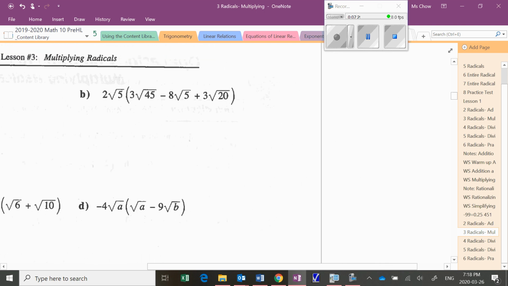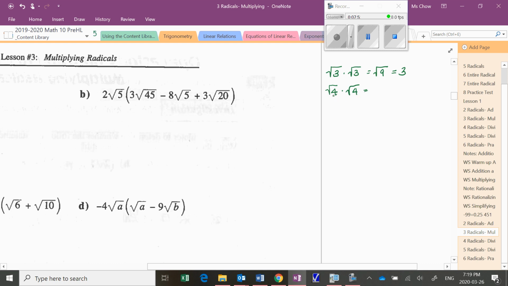If I was to have, let's say, root 3 times root 3, everybody hopefully at this point knows that that's equal to root 9, and that is of course just 3. If I was to take the square root of 4 times the square root of 4, we could have two ways of going through that.